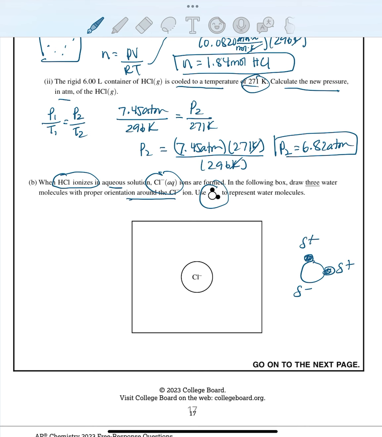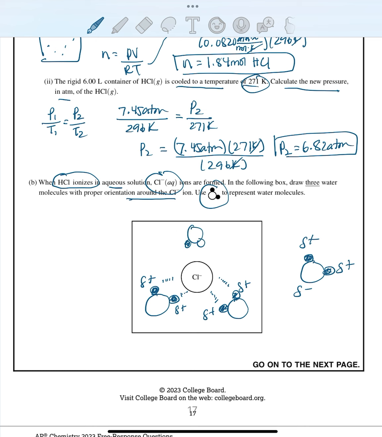So it would make sense that when we draw our water molecules surrounding the chloride, we are going to face the delta positive to this chloride, which is a negatively charged ion. Okay, so we're going to have this ion-dipole interaction where the delta positive of water is going to attract to the negative of the chloride.